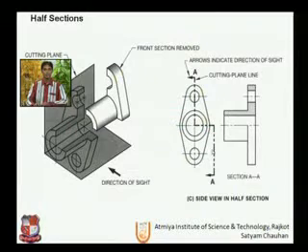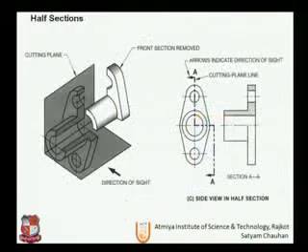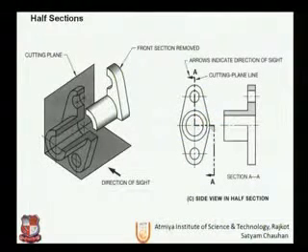Second, half section. Let us take one more component, for example this one. If the cutting plane and the direction of sight is this one, the cutting plane cuts in this manner, first passing through the top circle and then the center line, and then it's offsetting.